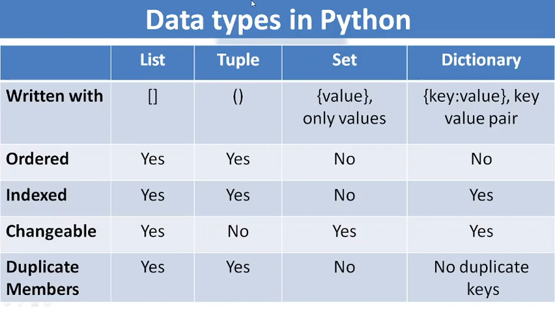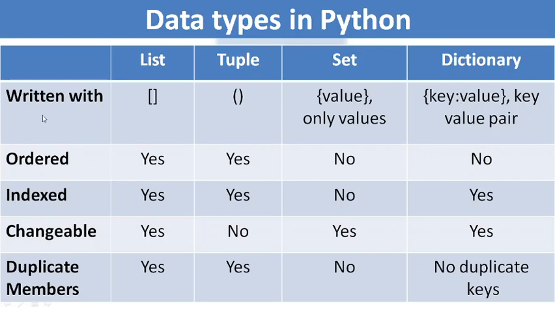So list, tuple, set, dictionary, and we have seen lists are written with square brackets, tuple are written with parentheses, set is written with curly braces, but only value is passed. And dictionary, we pass key value pair.